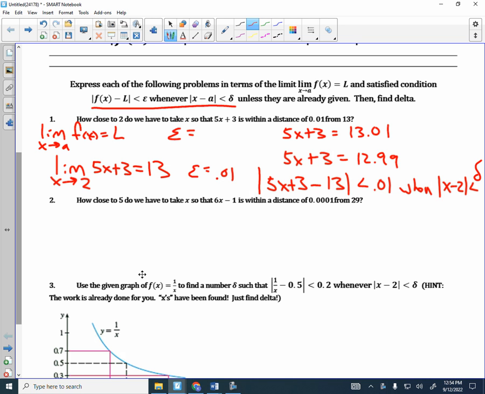And so the idea is we could come up with a delta, couldn't we? Given an epsilon, can you find a delta? It's the same question. It just looks different.